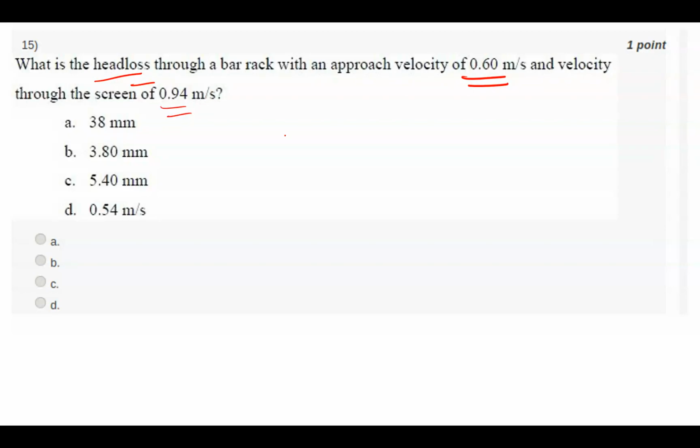So how do you calculate this? The equation is head loss equal to (Vs squared minus Va squared) divided by 2g, where Va is the approach velocity and Vs is the screen velocity.